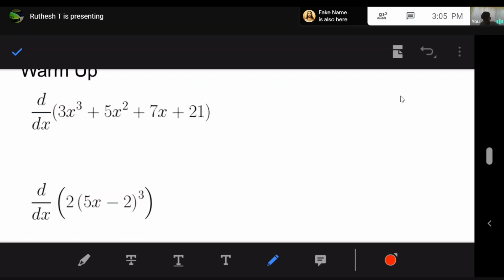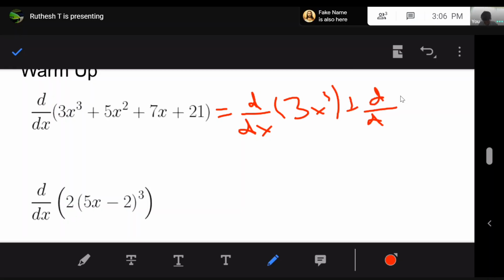So the first problem wants us to take the derivative of 3x cubed plus 5x squared plus 7x plus 21. By the sum rule, the derivative of a sum is the sum of the individual terms' derivatives. So you can write this as the derivative of 3x cubed plus the derivative of 5x squared plus the derivative of 7x plus the derivative of 21.